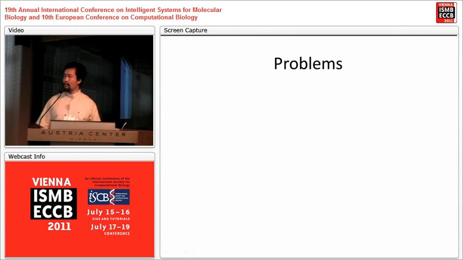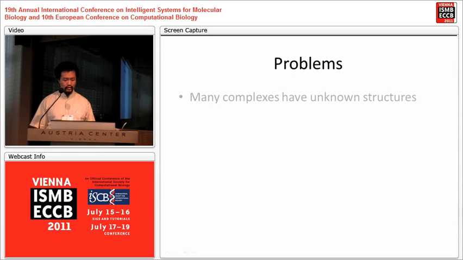Although this template-based approach has been successful in finding macromolecules of known structures, you can only find what you look for. On the other hand, many complexes have unknown structures.